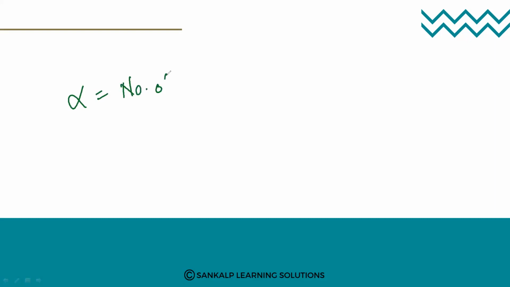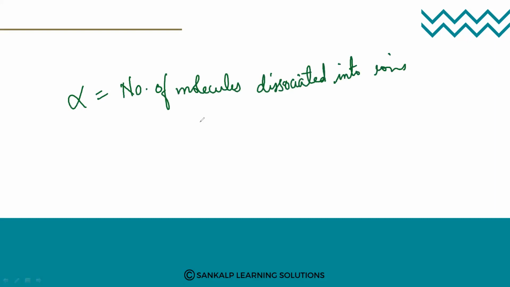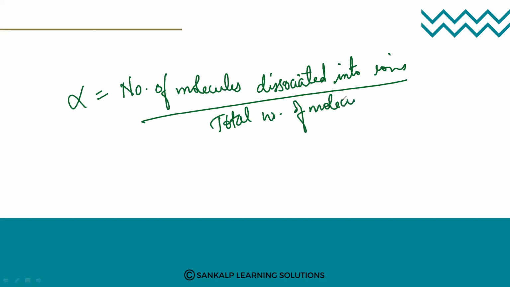Alpha is the number of molecules dissociated into ions upon the total number of molecules of electrolyte. So it is called the degree of dissociation.